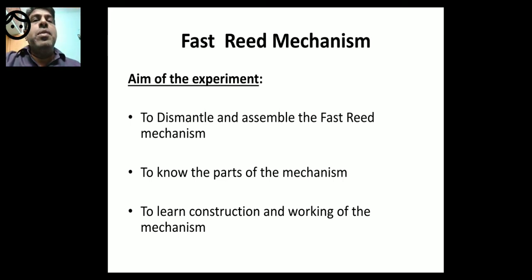picking mechanism. In the picking mechanism we have seen cone over pick mechanism and side lever under pick mechanism.